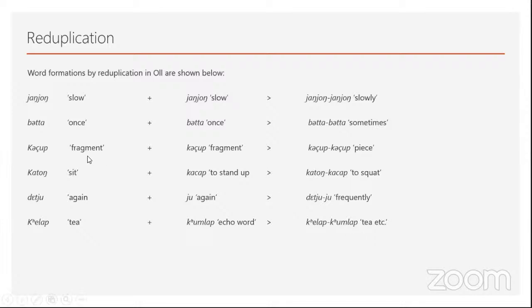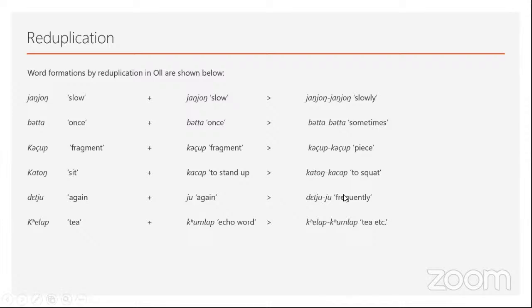And fragment, kachup, reduplicated form, kachup, it becomes a piece. And sit, katong, to sit, and kachap, to stand up, it becomes to squat, to sit and to stand up. And you again, this is a contracted form of the word again.